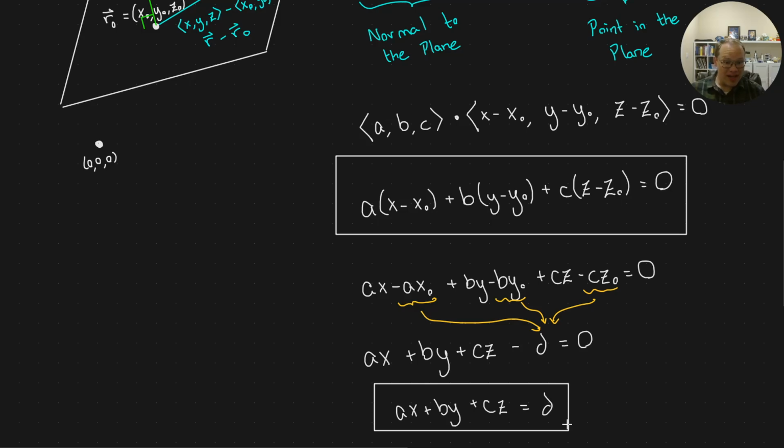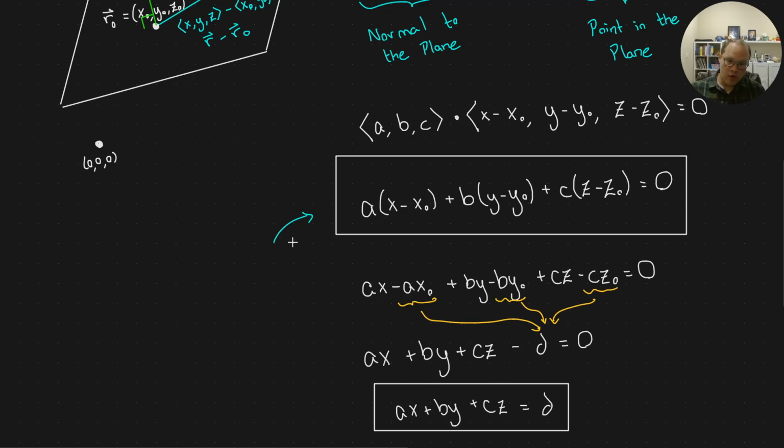In both, again, it's real easy to identify the normal vector. Okay, ABC, the coefficients of x, y, z, that's your normal vector. Same thing here. ABC, coefficients of x, y, z, that's your normal vector. I like this equation personally a little bit more because I can see more information about the plane right away.